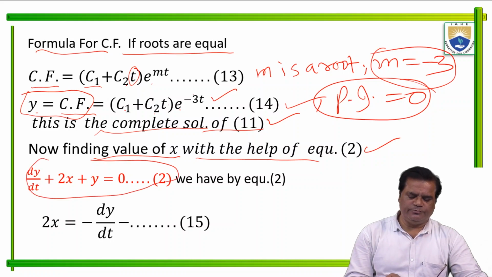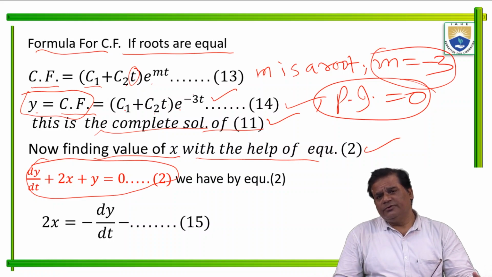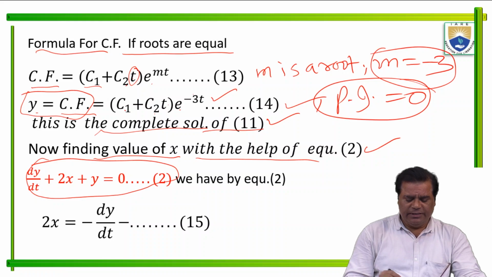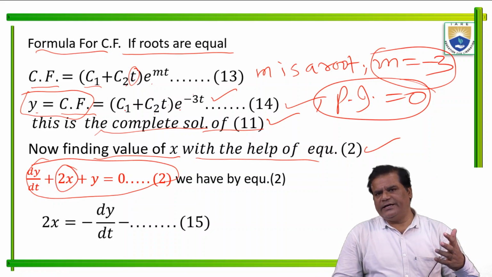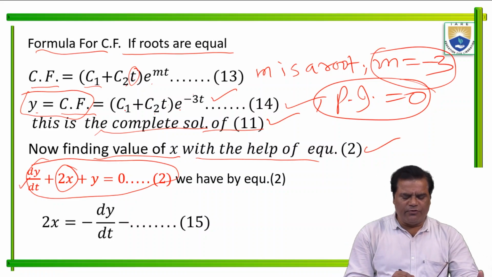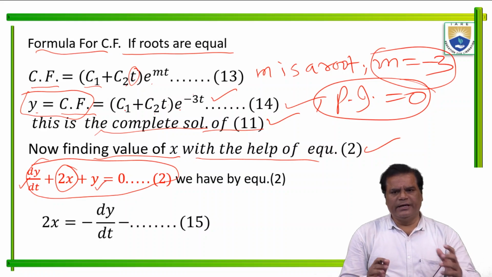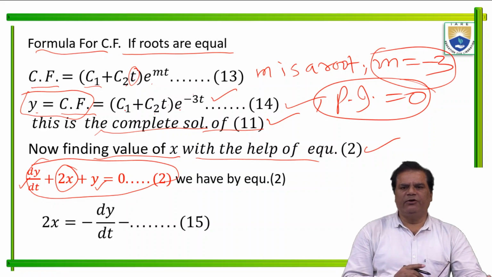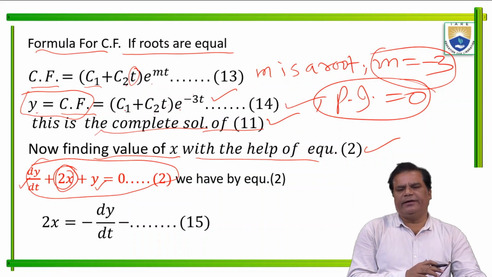The reason is that in equation 2 there is only a single x, with no derivative form of x, while y is in derivative form and also single. We cannot find y here; we find the value of x. So x is single here and will be separate.